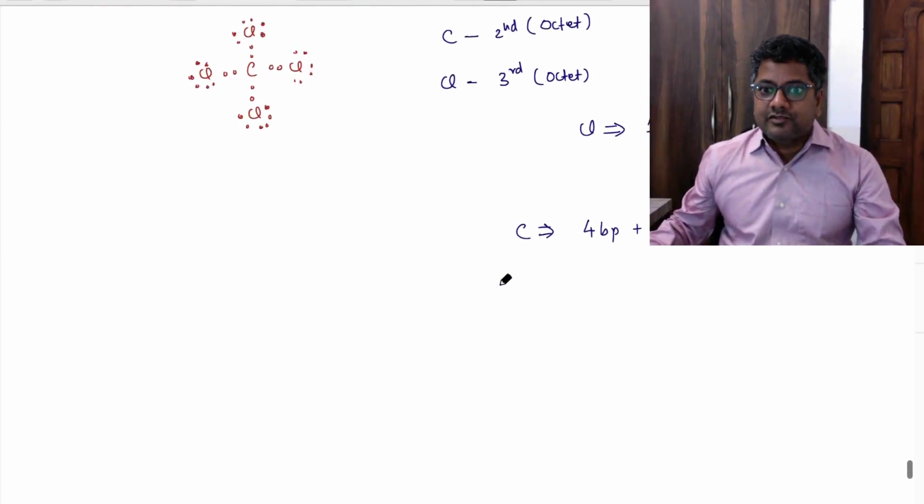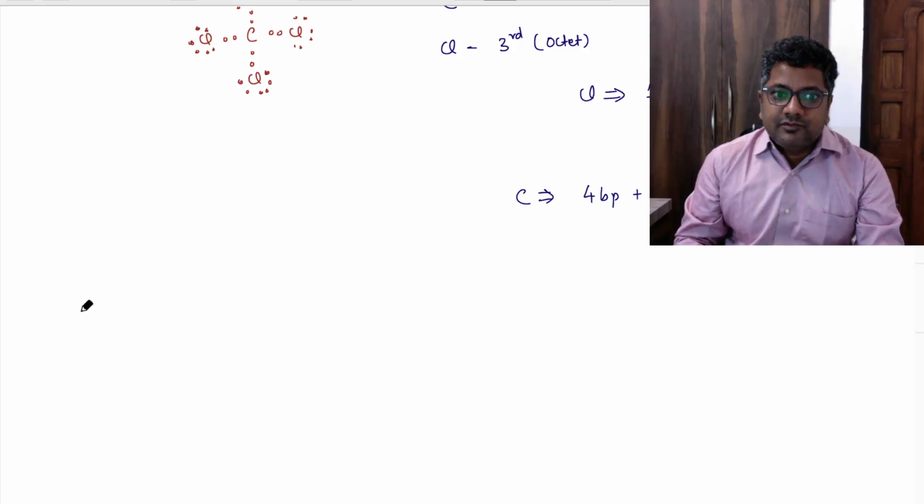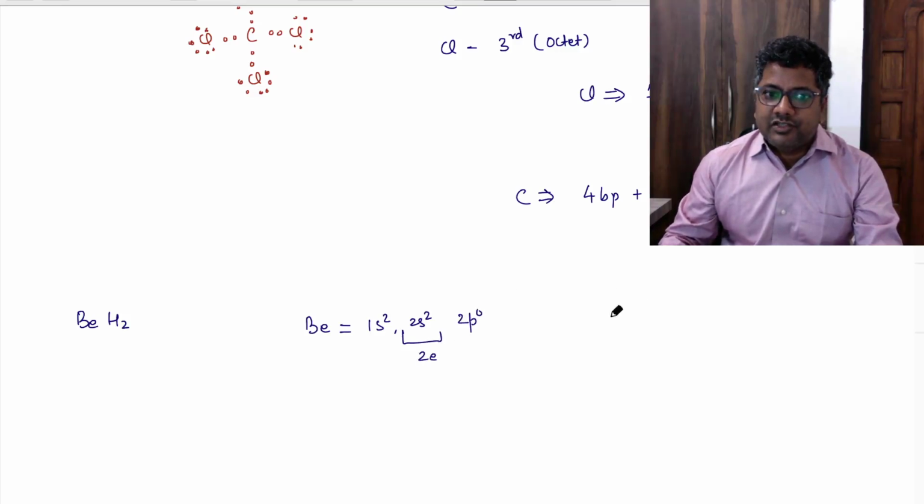Similarly, now see another example: BeH2. So in BeH2, what is the electronic configuration of beryllium? 1s2, 2s2. So in the valence shell, 2 electrons, right? 2p is unoccupied. Hydrogen 1s1, only one electron.